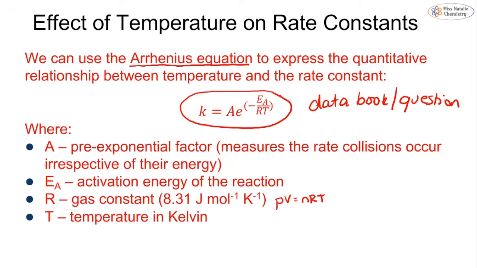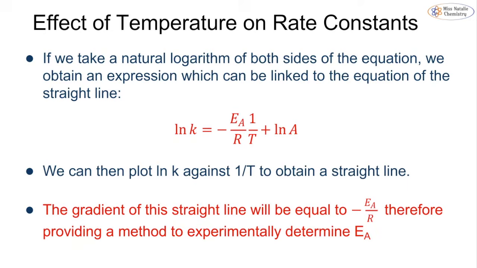Now, when we're actually wanting to use the Arrhenius equation, it is not much use to us in this current format. So what we want to do is take the natural logarithm of both sides of the equation. And what we can then do is we get an expression that can be linked to the equation of a straight line.